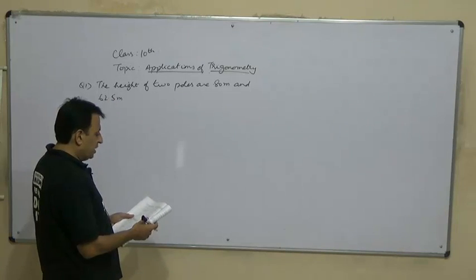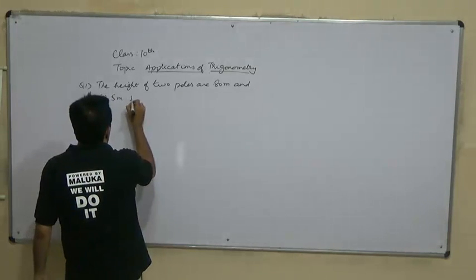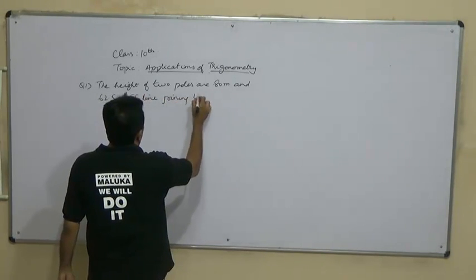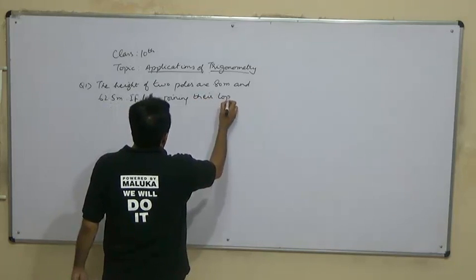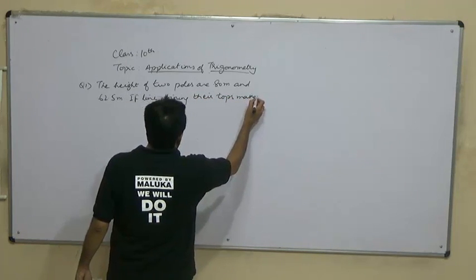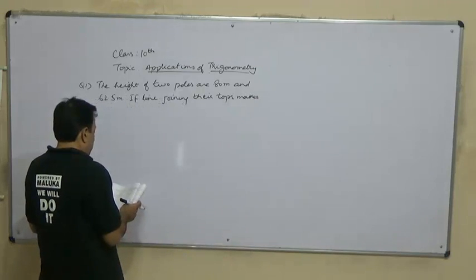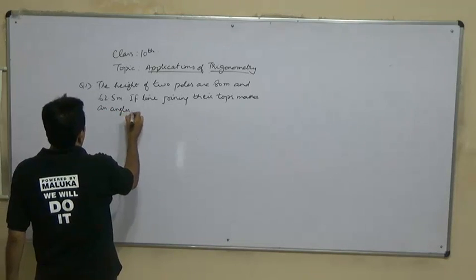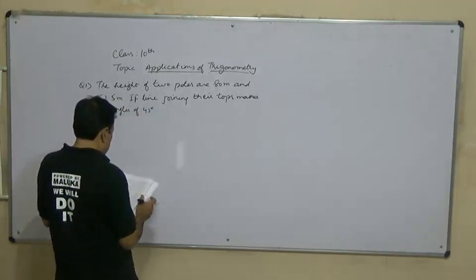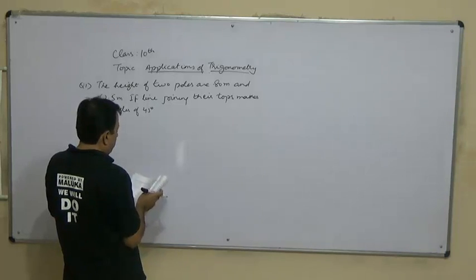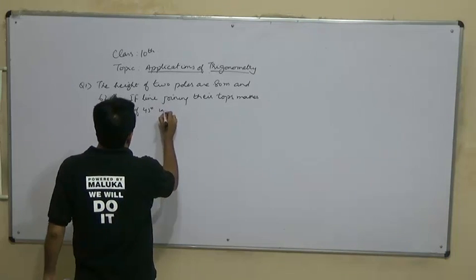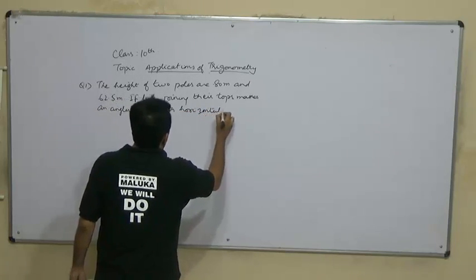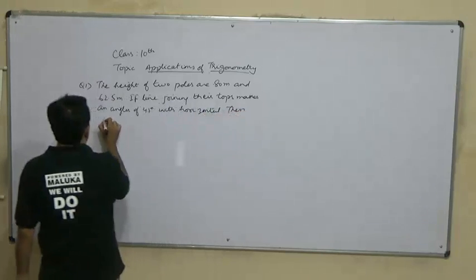If the line joining their tops makes an angle of 45 degree with the horizontal, then the distance between the poles is.